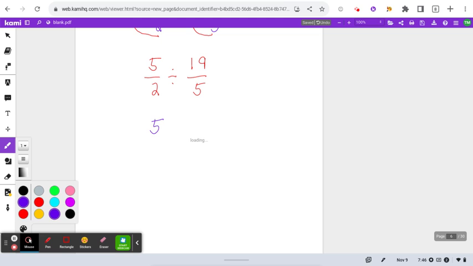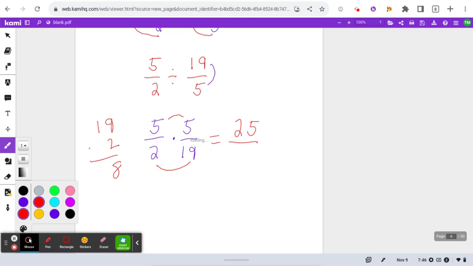So we'll leave the 5 over 2, but now we're going to multiply, and we're going to flip this over. So we're going to put the 5 on top, 19 on bottom. There's no opportunity to cross cancel here, so we'll multiply across. On the top, we have 25. And on the bottom, you have 19 times 2. If you don't know it mental math, just write it out on the side. 9 times 2 is 18. 2 times 1 is 2, plus 1 is 3. And you'd end up with 25 over 38.